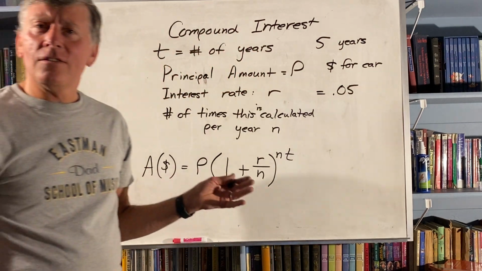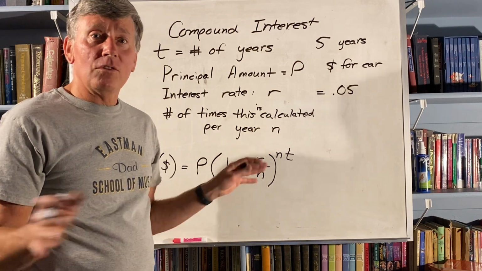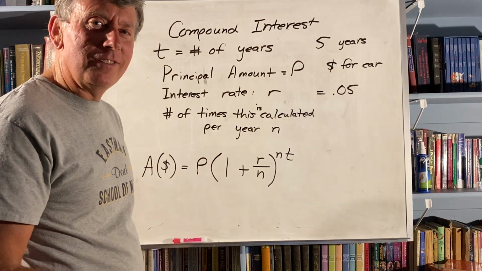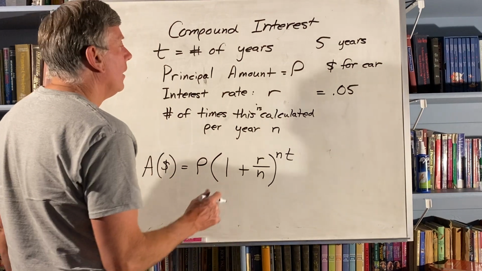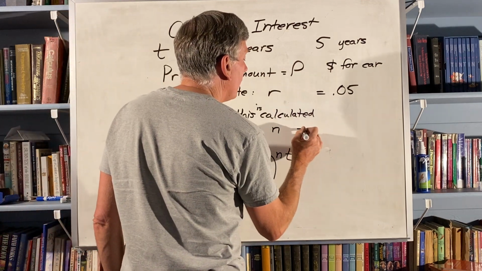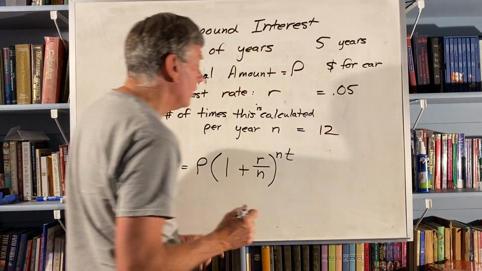You don't get these low interest rate deals on this one. This was one of those on the lot that was not to be gotten rid of so quickly. And then the number of times this is calculated per year. Well, in our case, it's done every month, so it's going to be 12.